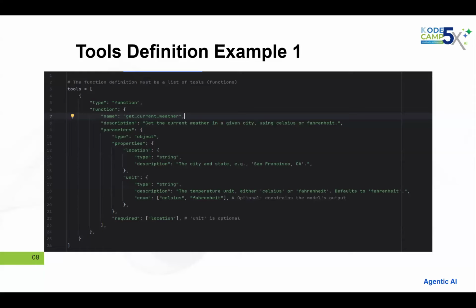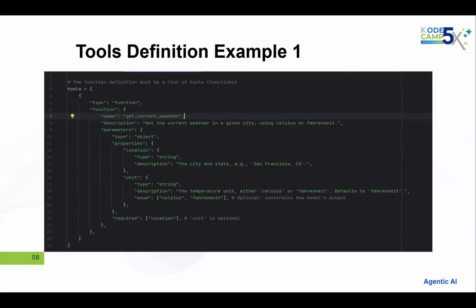But if you have multiple functions, multiple tools, each one will be a JSON object in that array. This particular definition is geared towards OpenAI function calling.